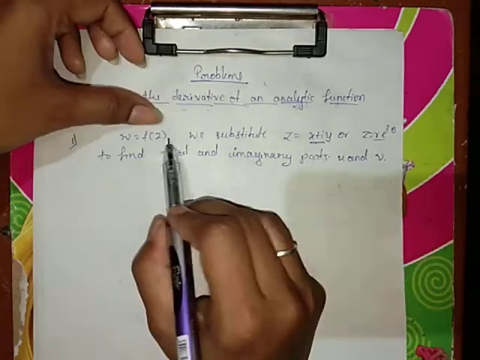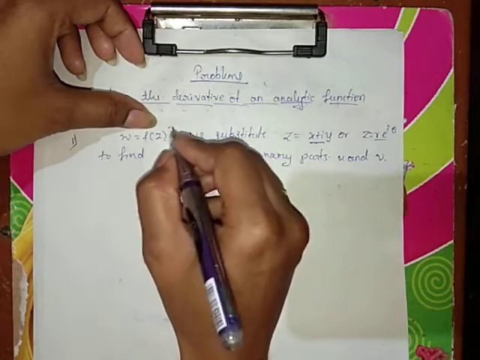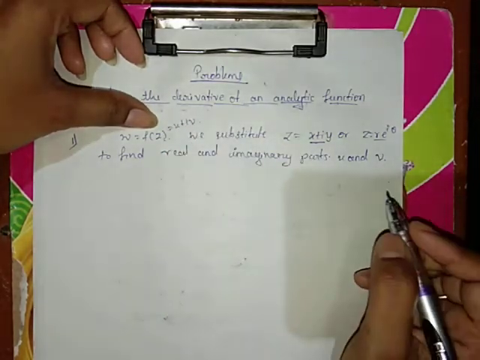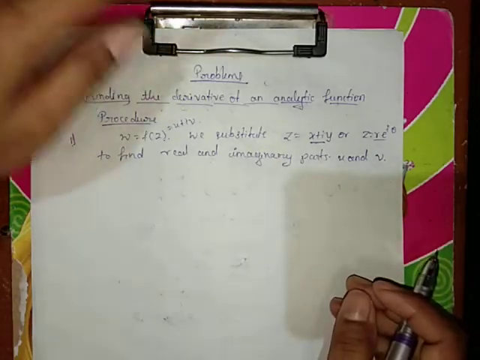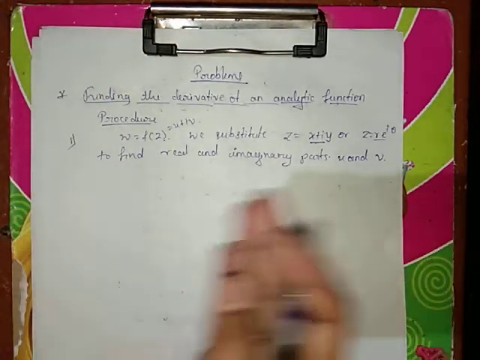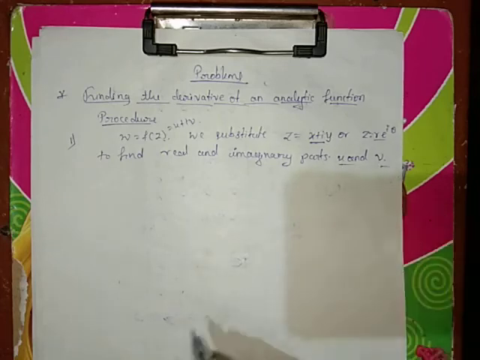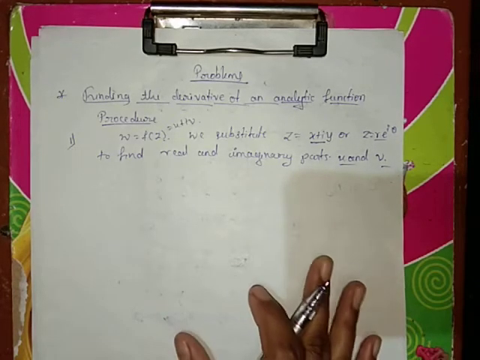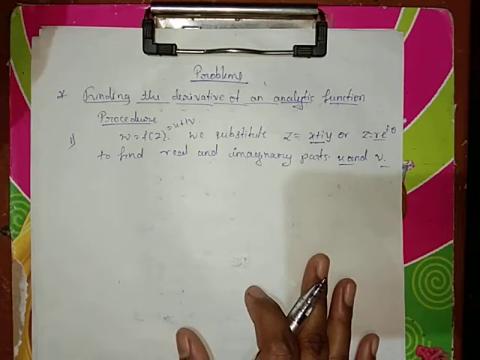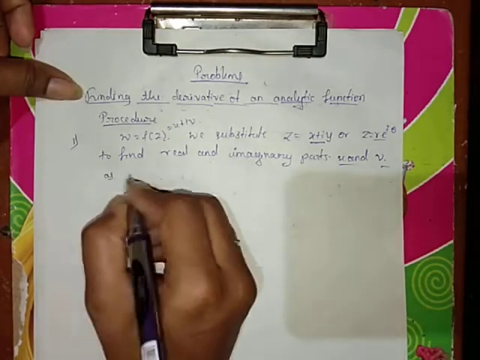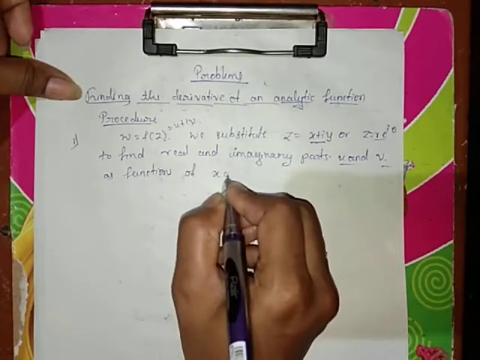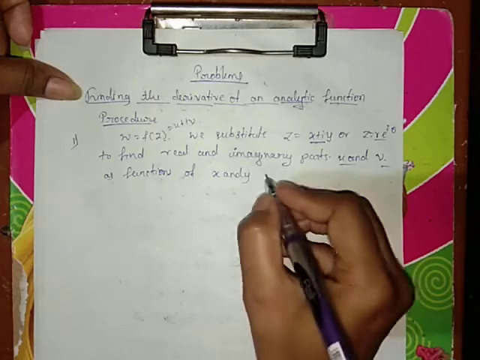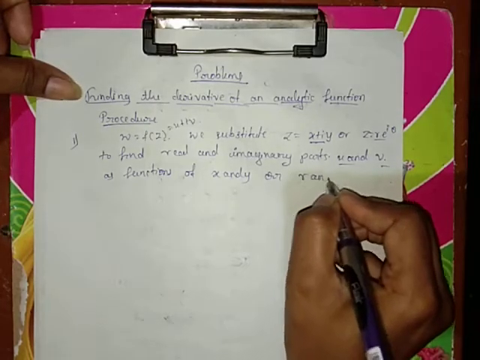First substitute z in the function f of z, that is f of z equal to u plus iv. Make a separation of real and imaginary parts, and after that you will get u and v. First substitute the z and then separate the real and imaginary parts, where u and v are functions of x and y, or else r and theta.